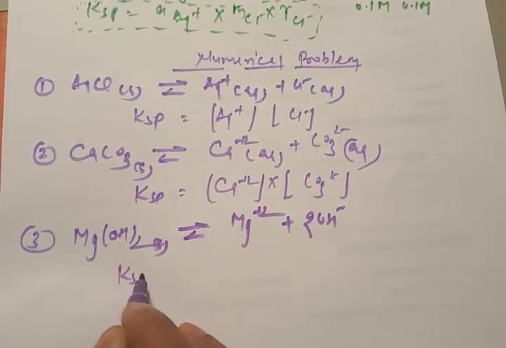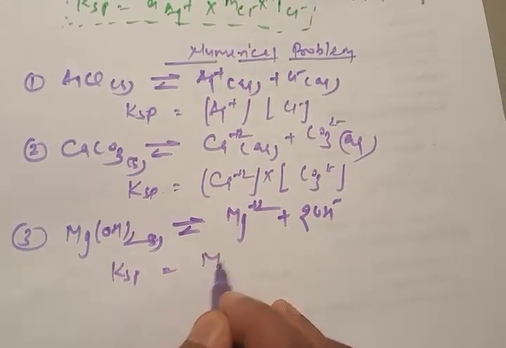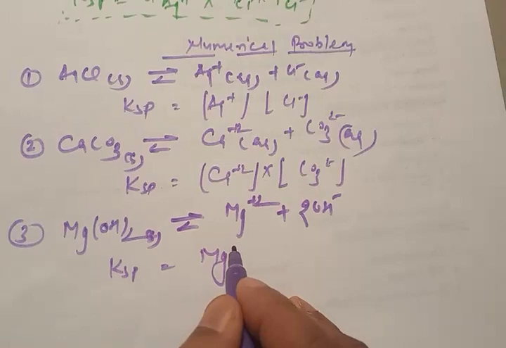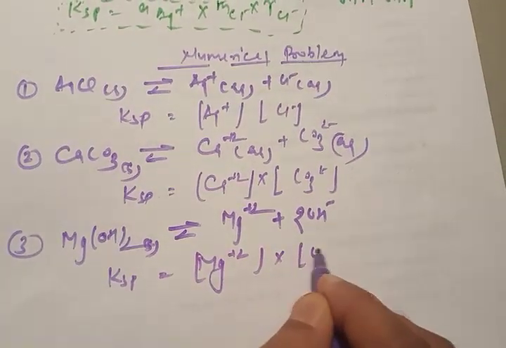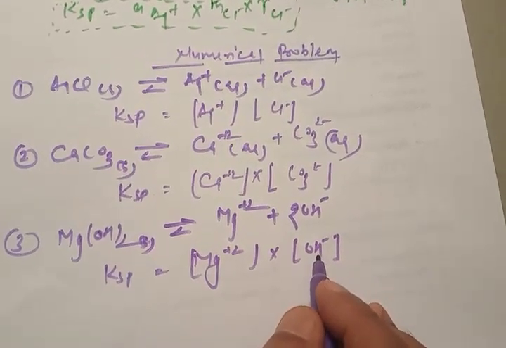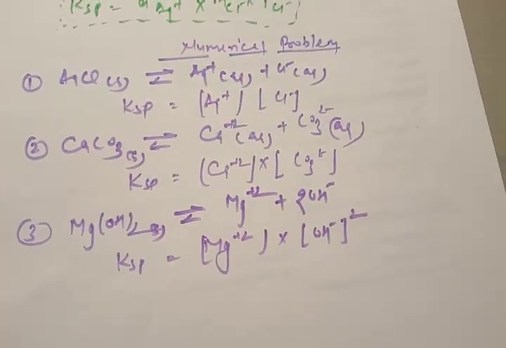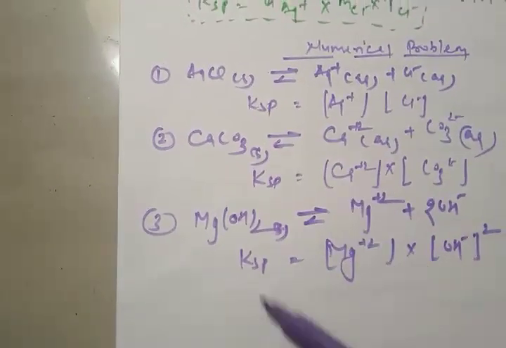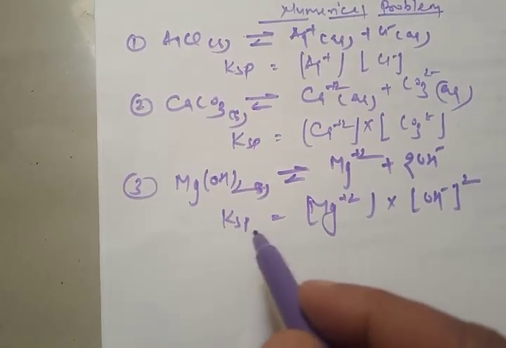So what is Ksp here? Mg is 2 plus, and OH minus, and this OH has a coefficient of 2, so this will be in the power. So this is how, if any salt is given, you will find out the Ksp, the solubility product.